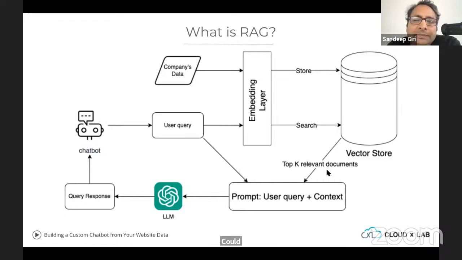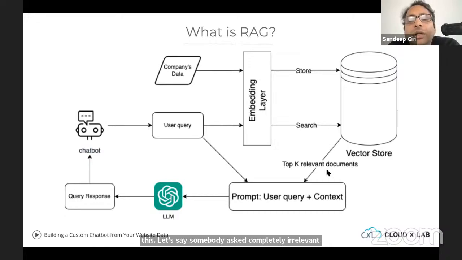could be such that, pay attention to this, let's say somebody asks a completely irrelevant question which is not at all in the vector store. In that case, these k relevant documents will be completely meaningless, right? Therefore, you have to keep a particular threshold: if the matching is below this, don't give any answers. Now, how do we decide that threshold?